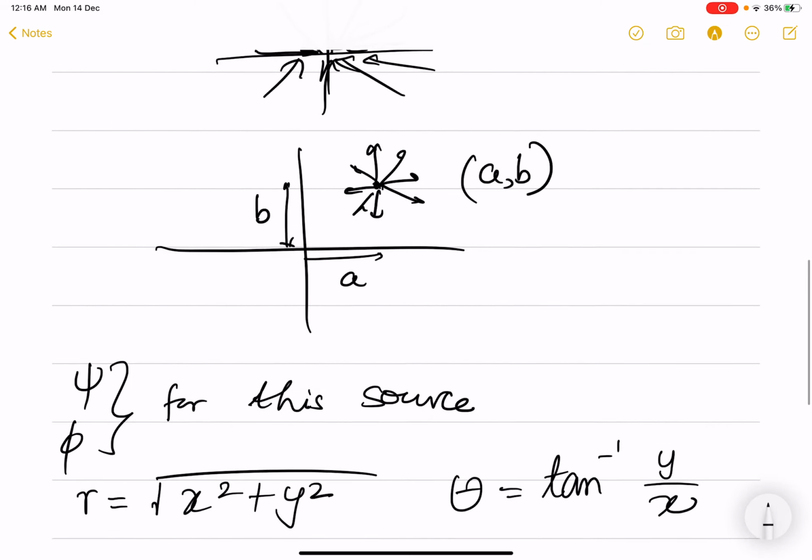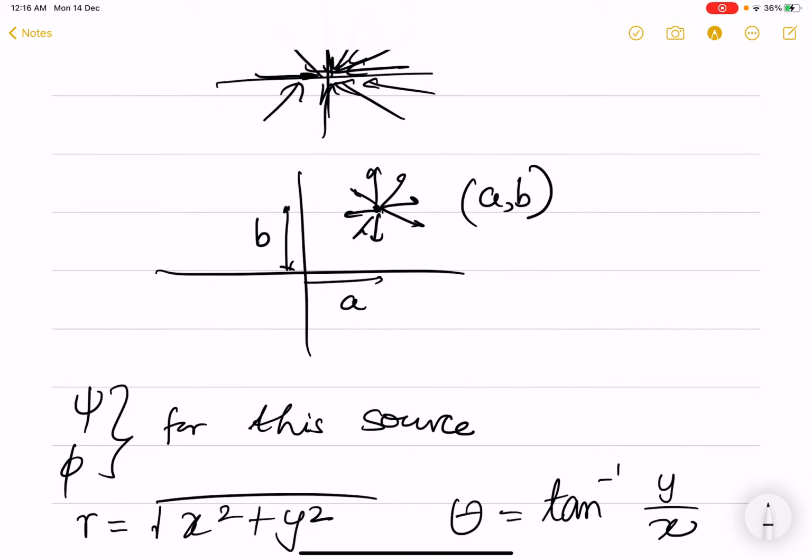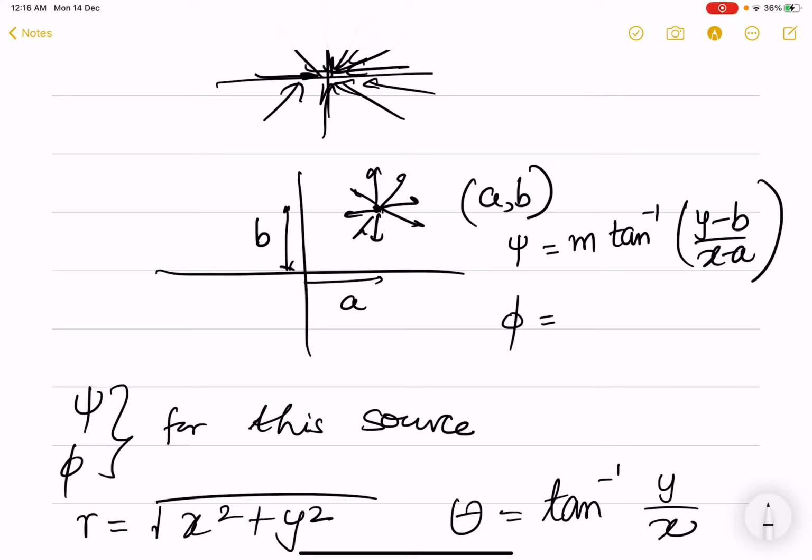So therefore, for this flow where the source is placed here, psi will be equal to m times tan inverse of y minus b divided by x minus a, and phi will be given by m times log of square root of x minus a square plus y minus b square.